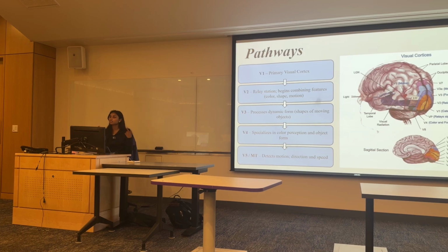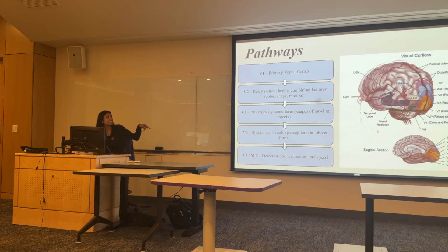That's where the integration of information starts, where your brain starts combining different features, for example, color, shape, motion. And then V3 is responsible for processing dynamic form, so shapes of moving objects. V4 specializes in color perception and object form. And then V5, the part of your brain called MT, detects motion, direction, and speed.